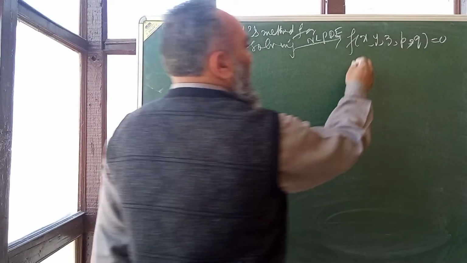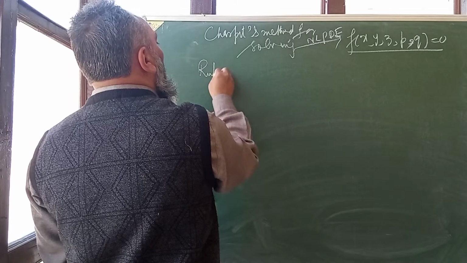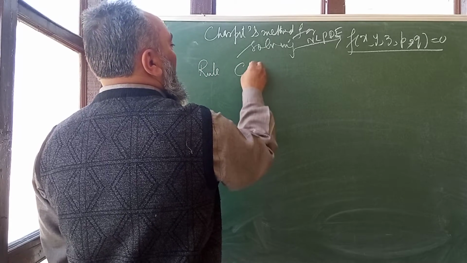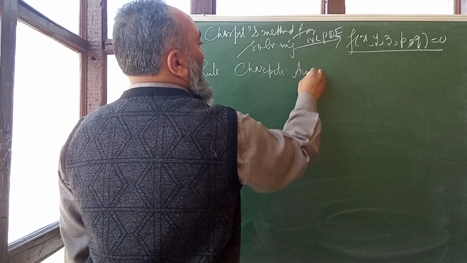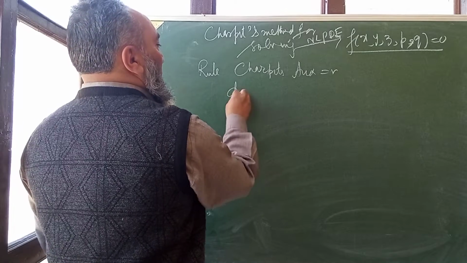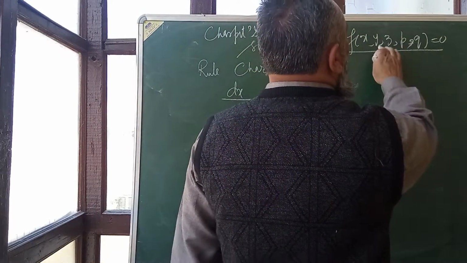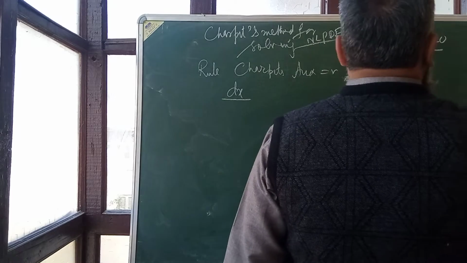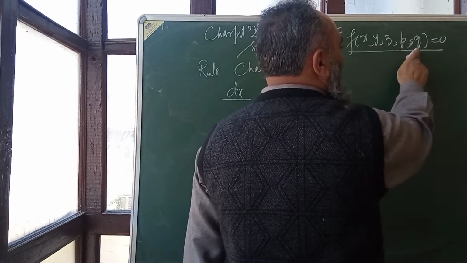What is the working rule? Write down the Charpit's auxiliary equation. You can find dx, dy, dz, dp, dq.